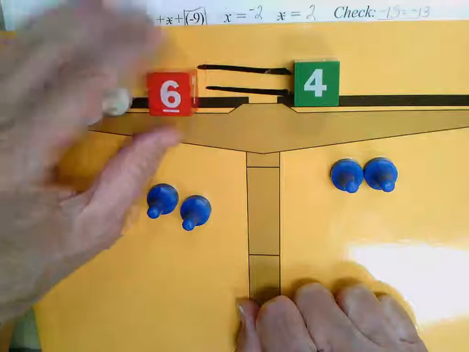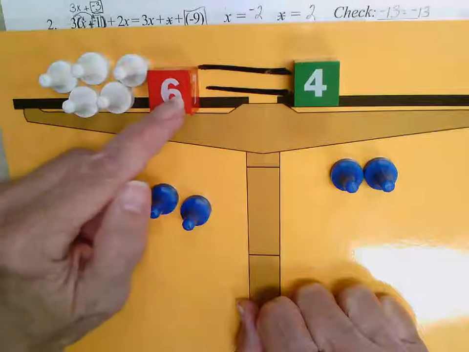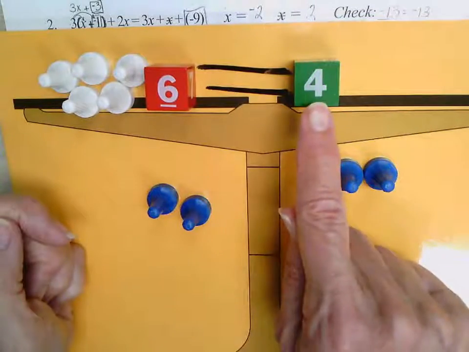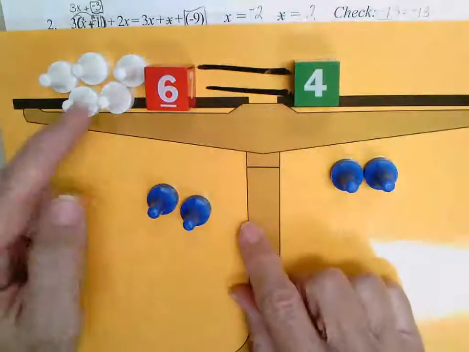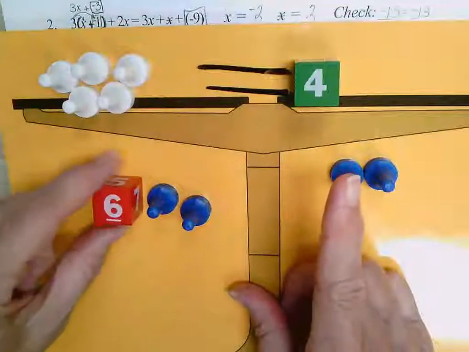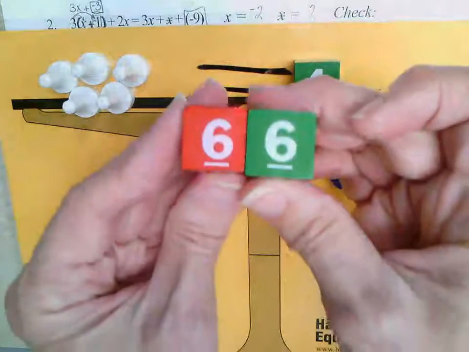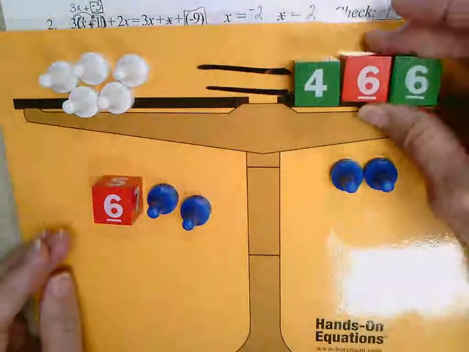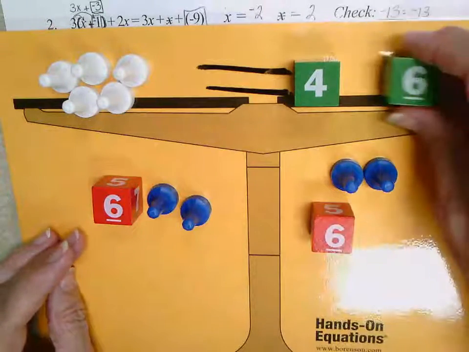Here I am again. I've got 5 white pawns and a 6 block is equal to 4. And I don't have a 6 block to pull down over here, so I can make a 0 pair using 6s. I can put this on here, and now I have a 6 block to pull down.